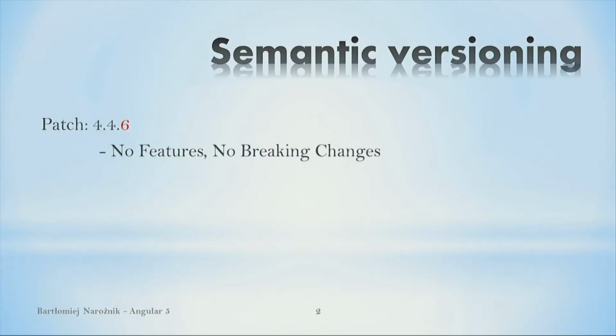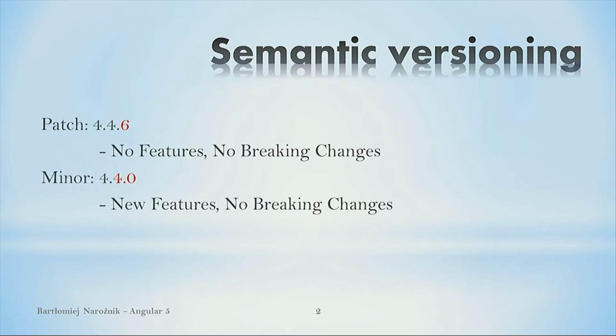From version 2, Angular introduced something called semantic versioning. It basically consists of 3 digits. A change on the last one means that there are no features, no breaking changes, only bug fixes. When there is a change on the second digit, it means there are still no breaking changes, but there are some features.